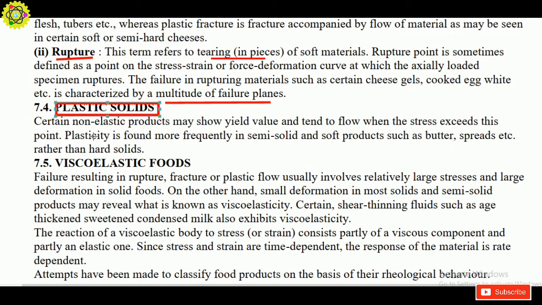Further friends, now we are going to see plastic solids. Certain non-elastic products may show a yield value and tend to flow when the stress exceeds this point. Plasticity is found more frequently in semi-solid and soft products such as butter, spread, etc., rather than hard solids.